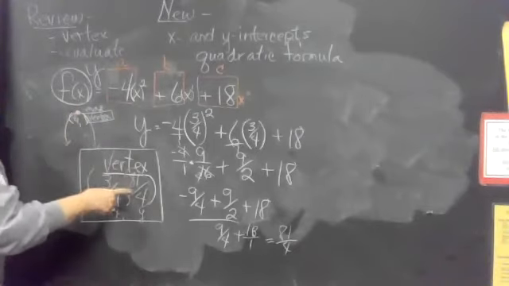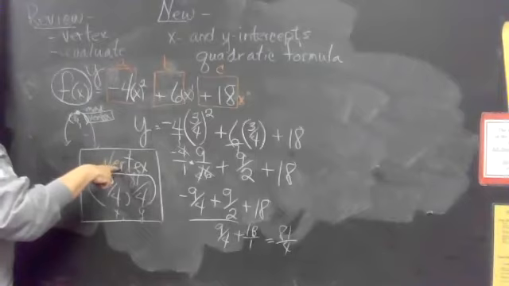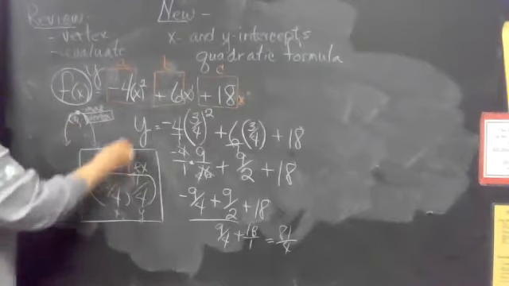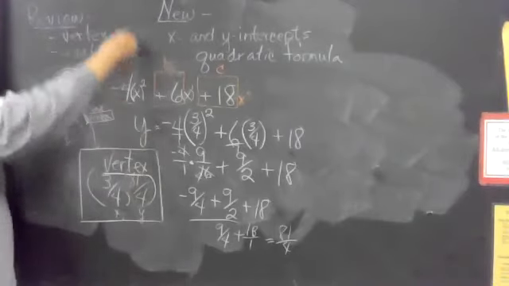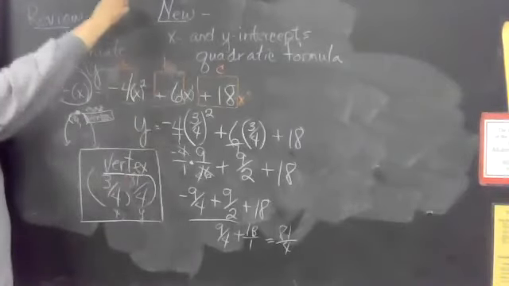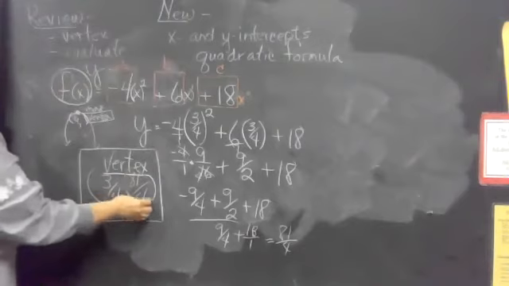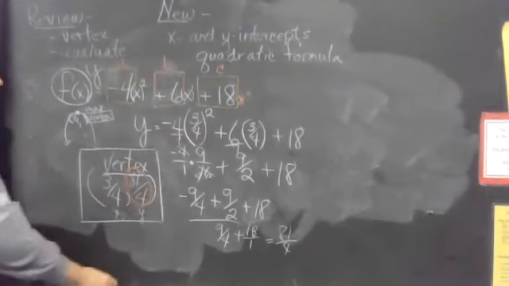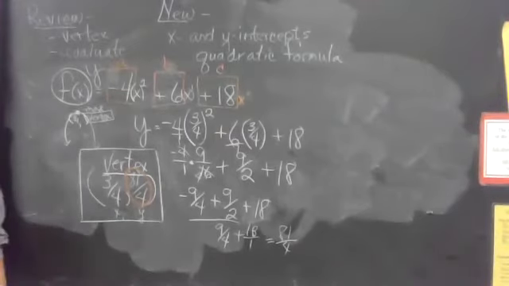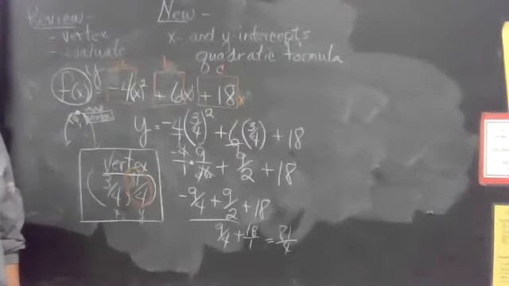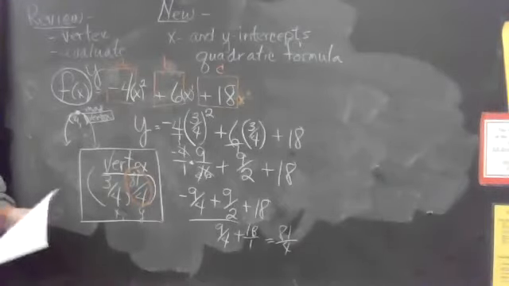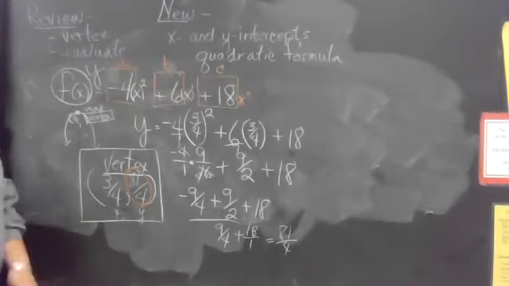But if they're wanting not just the vertex, but the maximum value, the highest value, well, that's the Y-axis. So they want the highest value, and that will be the Y coordinate. Okay? Are we all right with that? Okay.